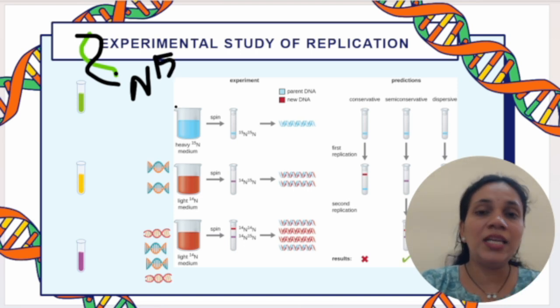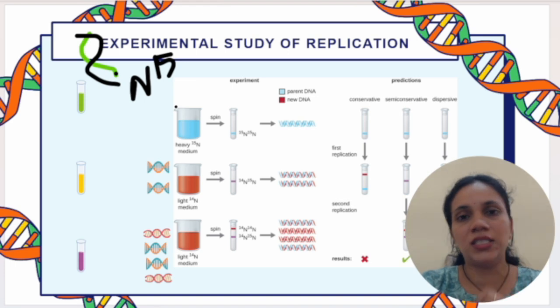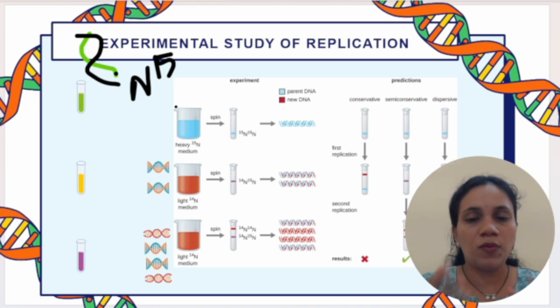It was the only nitrogenous source present in the growth medium provided to E. coli, so whatever nitrogen they consumed would be from the ammonium chloride.